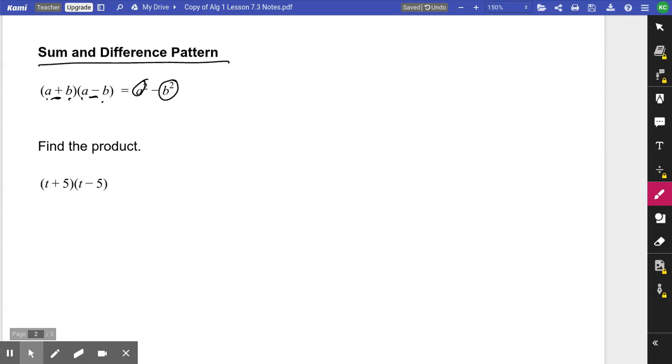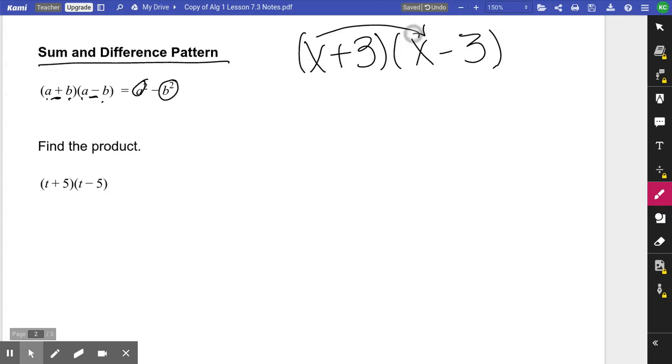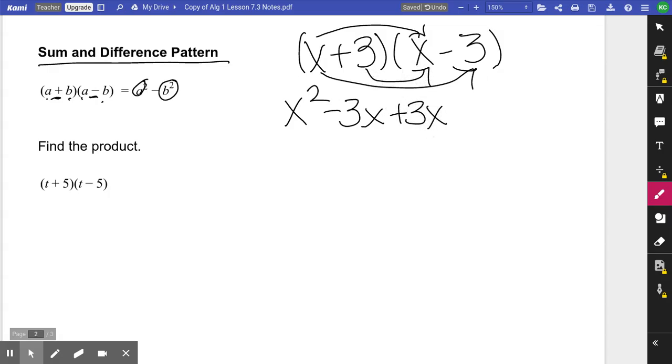So let's start with x plus 3 and x minus 3. Okay, so let's say I FOIL these out. I'm going to take my first, so x squared, times my outsides, so minus 3x, times my insides, so plus 3x, times my last, which is negative 9.